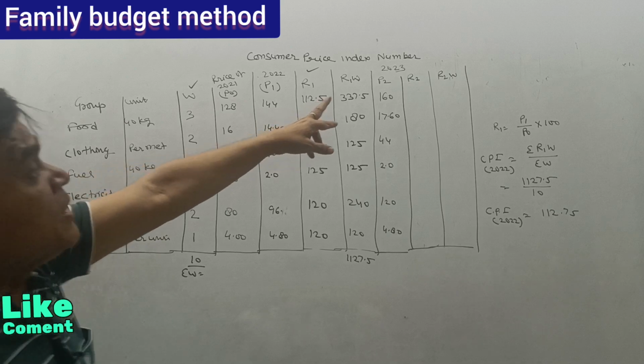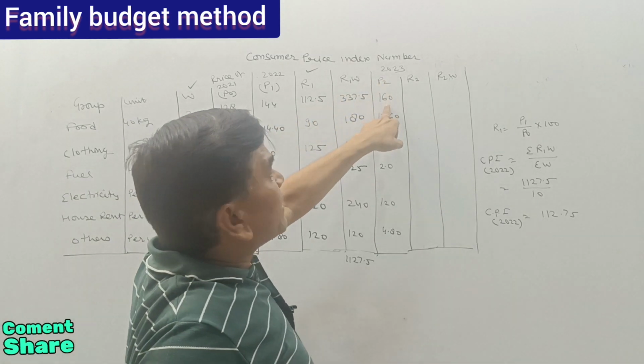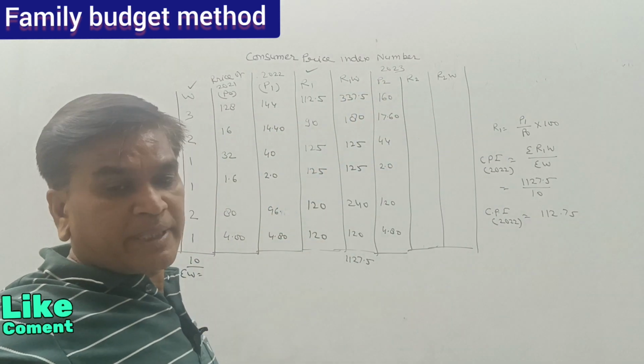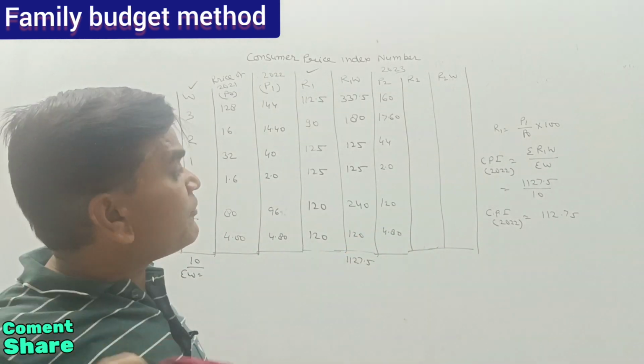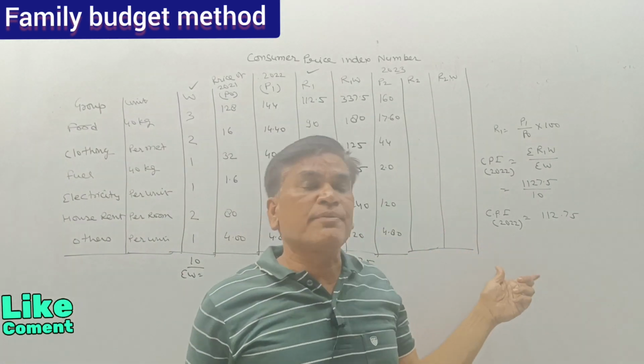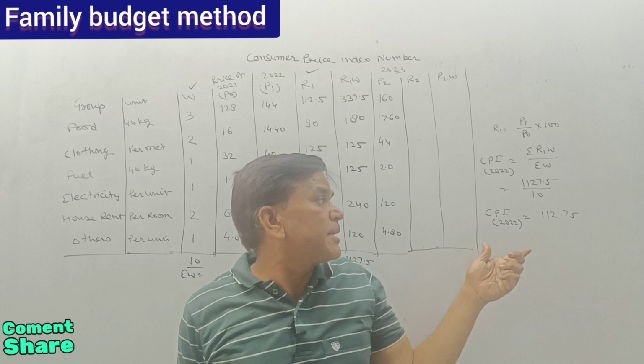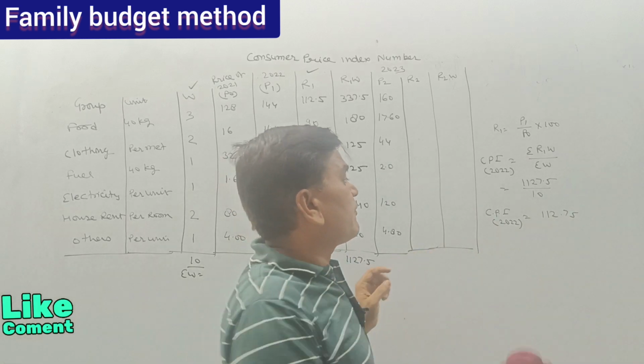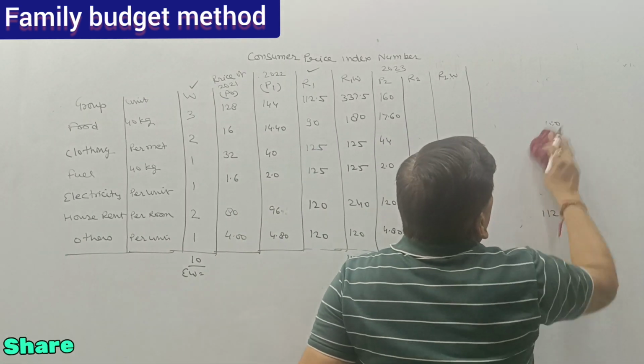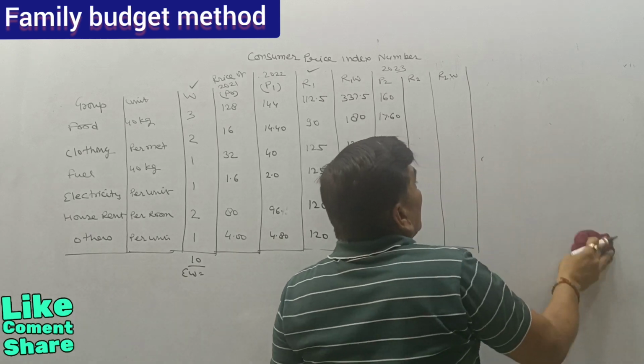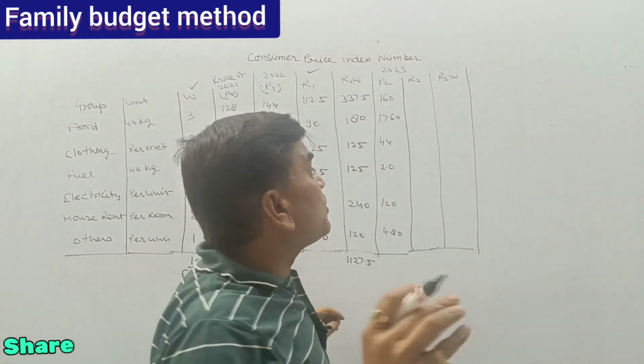Now the prices in 2023 are given. With the family budget method we have calculated 112.75 for 2022. Now, second, firstly we have to calculate the R2 value.